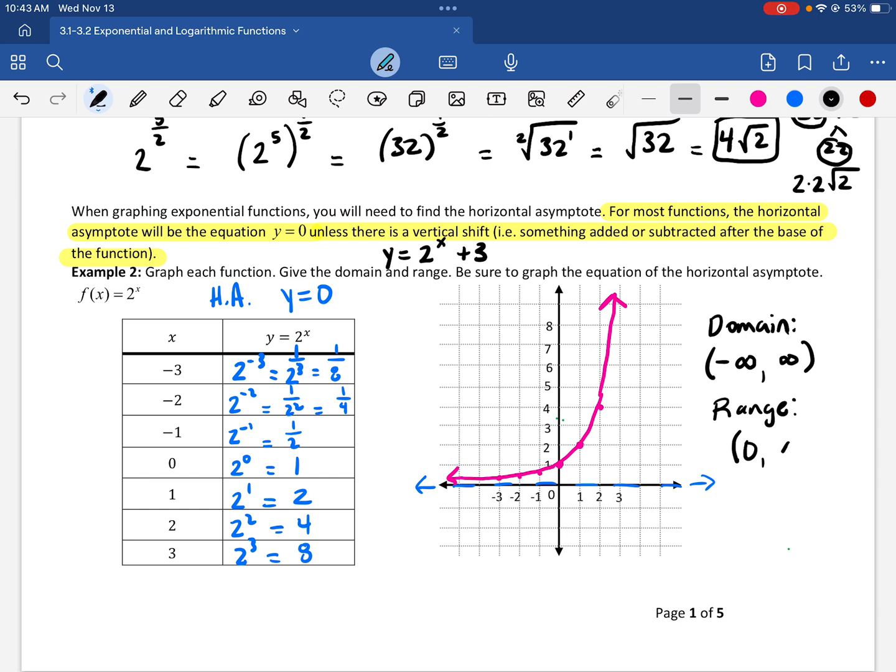Then it keeps going up, so that means it's going towards infinity. It gets really close to 0 down there at the bottom, but it doesn't actually cross it, so it starts at 0 and goes to infinity. So that's just the basics of an exponential function and how you can graph it. You have a table of values and then just plot those points.